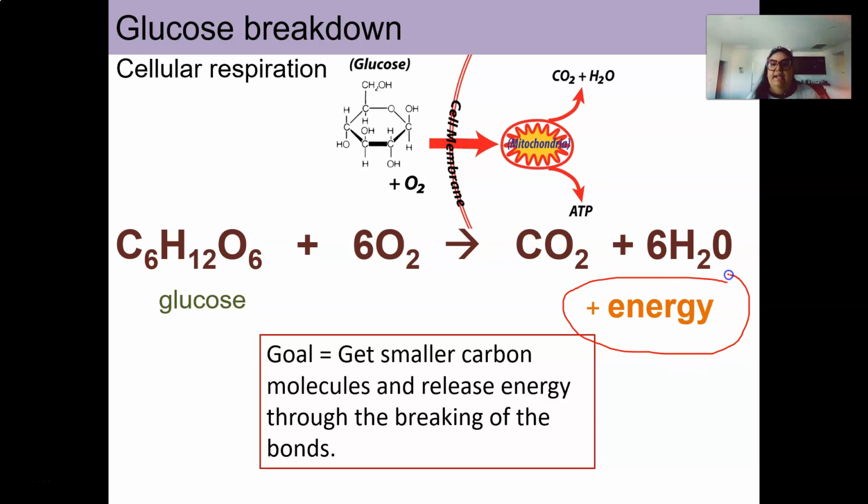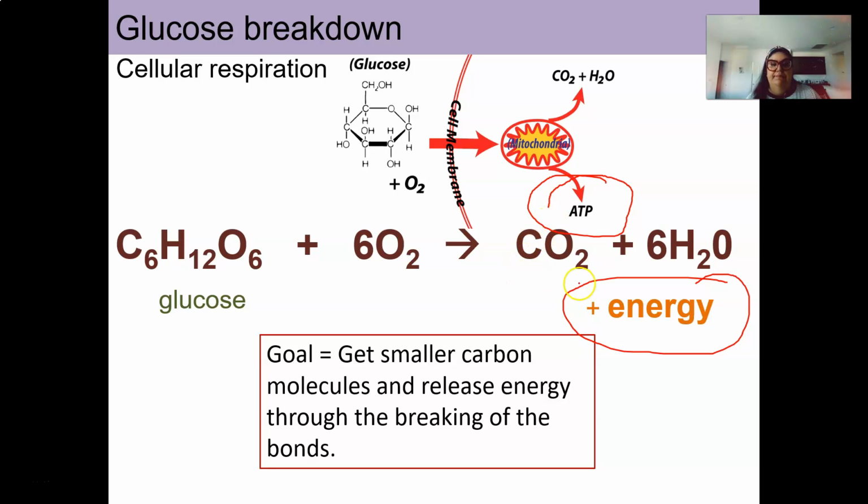And what is that energy that it gets converted to? What is the energy molecule we're looking for? Think about it. It is that ATP molecule that we're converting. It is that energy molecule.